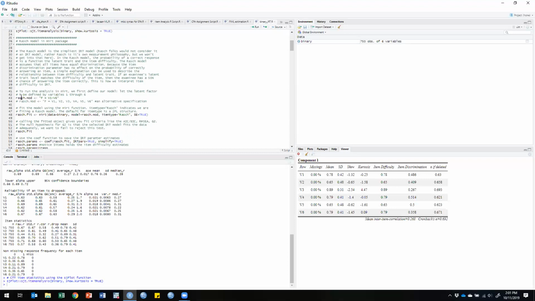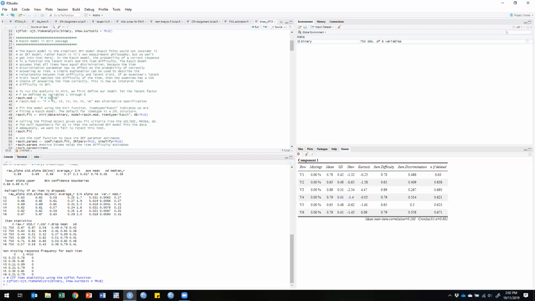So the first thing we do is define our model. Sorry. Basically here I'm going to call this our Rasch model. We're saying here that our latent factor F is defined by variable 1 through variable 6.